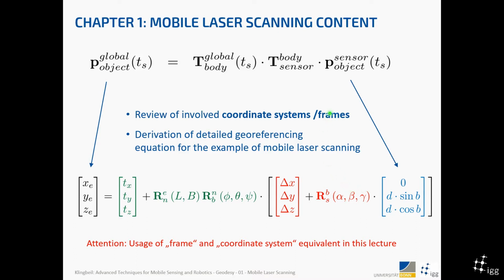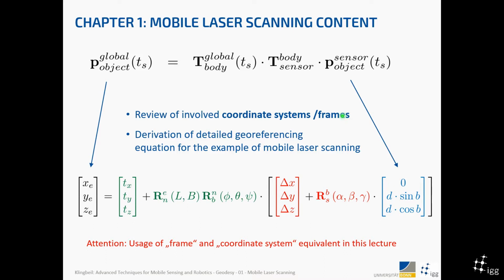And what we will do in this lecture is we review the involved coordinate systems and frames. You have seen basically all of this a few times already, but as these different coordinate systems are a bit confusing sometimes, it's good to repeat the things, especially when you need them.